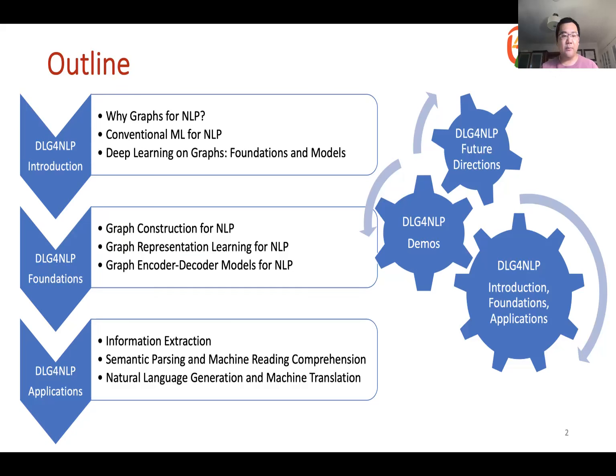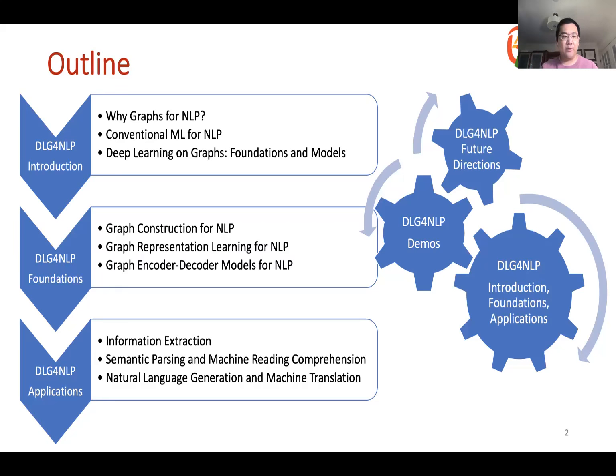We will also pay special attention to a very popular model called the encoder-decoder model. Here we will introduce different kinds of graph-based encoder-decoder models for NLP, such as the graph-to-sequence model, graph-to-tree model, and graph-to-graph model.